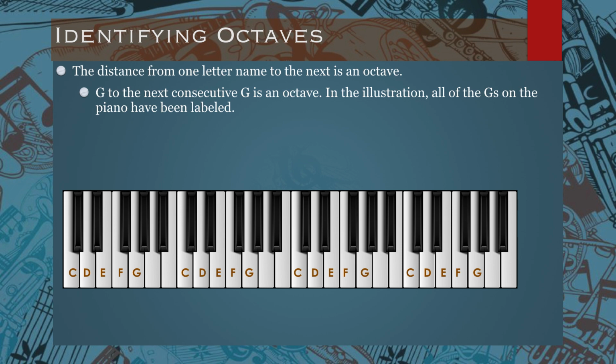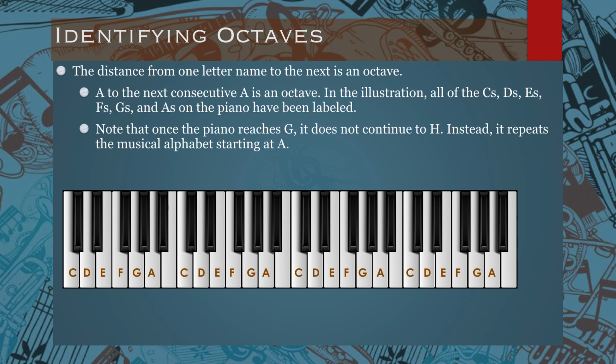Now, this is where some students do get confused. We do not move to H for the next white key. Instead, the musical alphabet starts over again on A. So if you understand this concept, you're doing really well in the course so far.